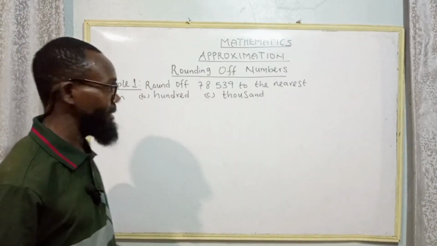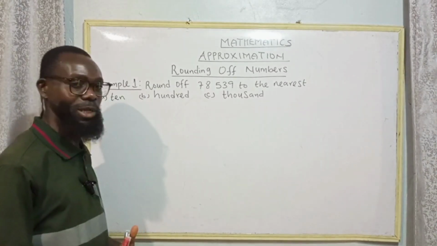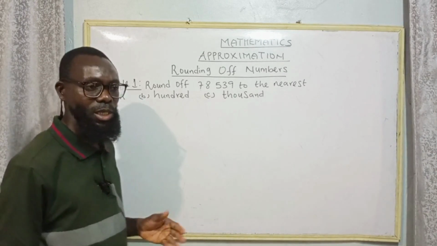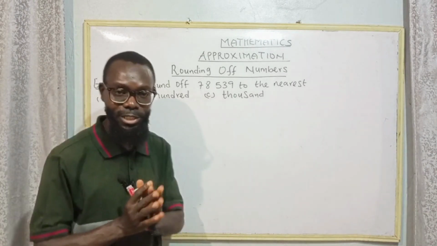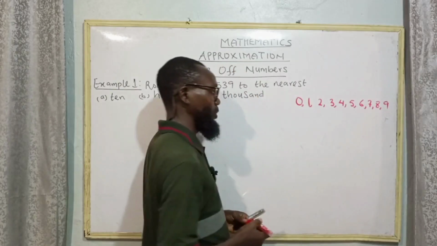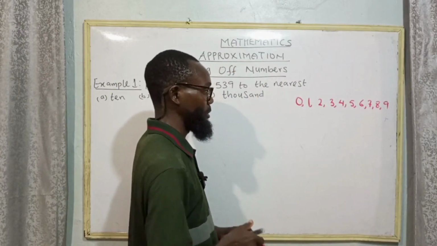Let's move on to rounding off numbers. But before we look at example 1, don't forget the digits ranging from 0 to 4: 0, 1, 2, 3, 4.